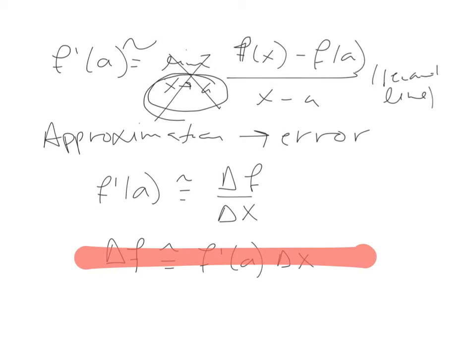So let's put this in an example. We have f of x is equal to the square root of 1 plus x. Now we're given some additional information. We're given that we're centering it around 8, and we're specifically interested in how f is changing when x changes by 1.